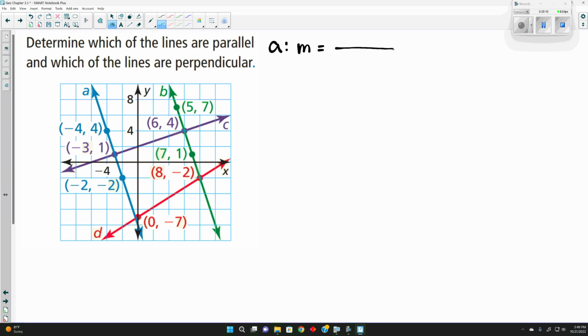We can look at line segment A first. So the y values for line segment A are 4 and -2. So we can say 4 minus -2, and -4 minus -2.